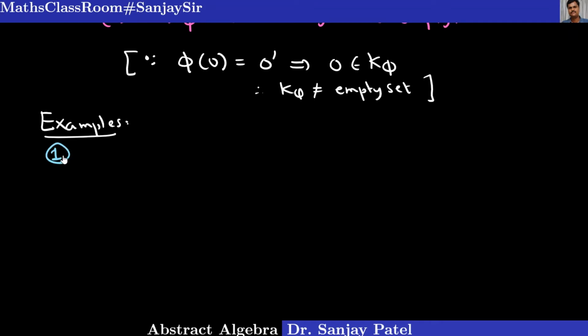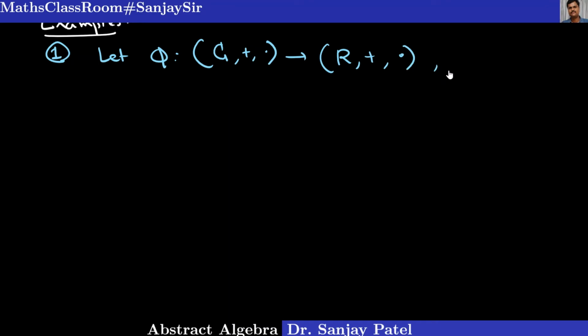Number 1, let phi be a homomorphism from the ring C, plus, dot, the set of complex numbers, to the ring of matrices with respect to addition and multiplication, where I am not taking the set of all matrices, but where I am taking R to be the set of all matrices of the form (a b; -b a) such that a and b are real numbers.